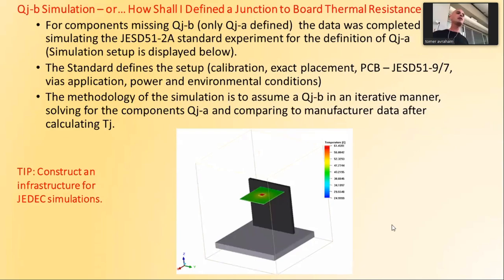So we can have an iterative process, the simulation, if we don't have a theta JB, which is a kind of data which is a must-have in a simulation, even though I told you we're not allowed to use it. So here you see utilization of simulation to derive from theta JA, a theta JB.